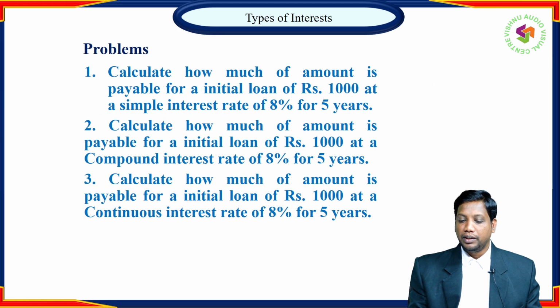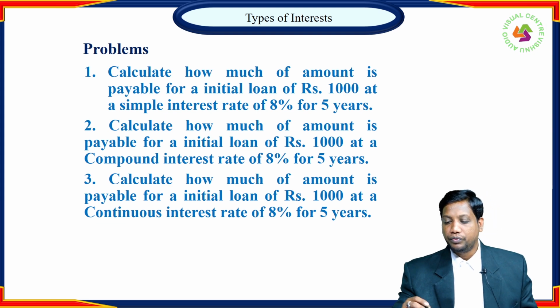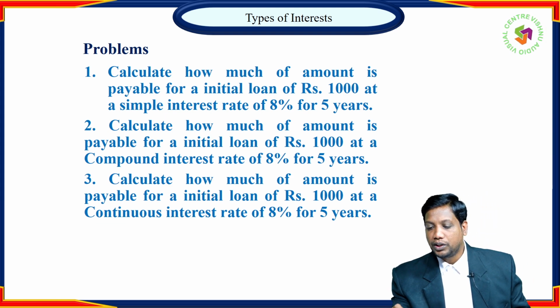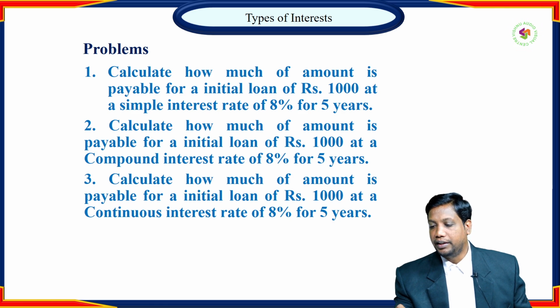So, for example, we will solve a couple of problems. The first one: calculate how much amount is payable for an initial loan of 1000 rupees at a simple interest rate of 8% for 5 years.